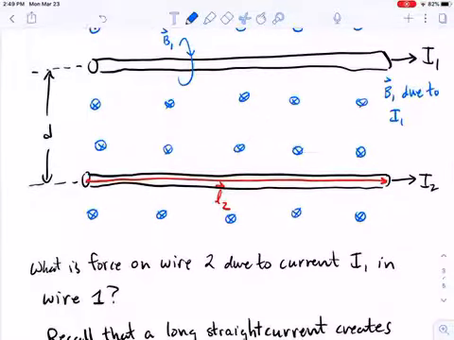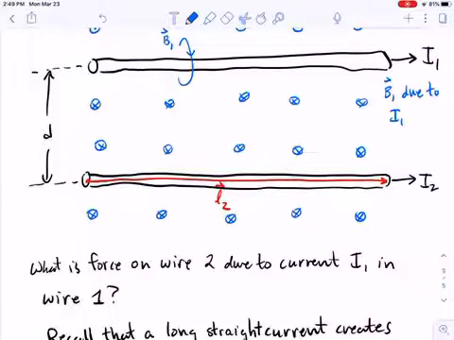Okay, so with the vector L2 going to the right, and with the magnetic field B1 going into the screen, then if we do the right-hand rule for cross products, we put our arm in the direction of L2, again towards the right of the screen. We curl the fingers of our right hand in the direction of the magnetic field into the screen.